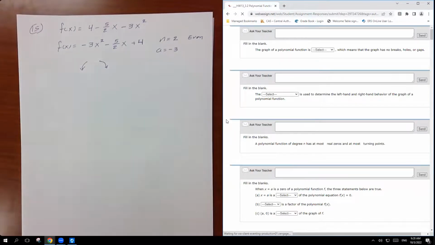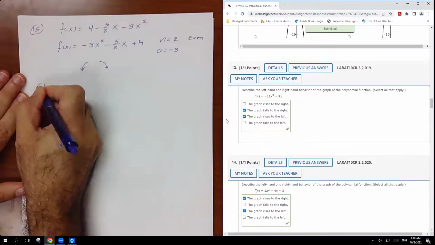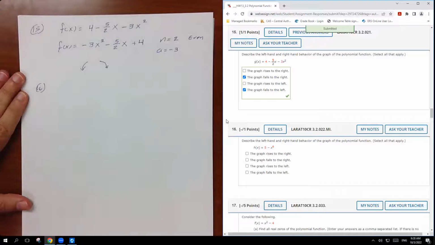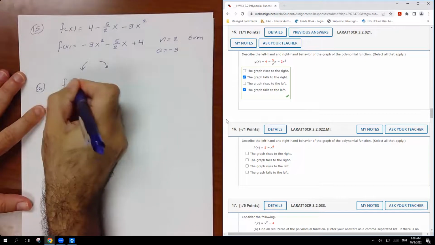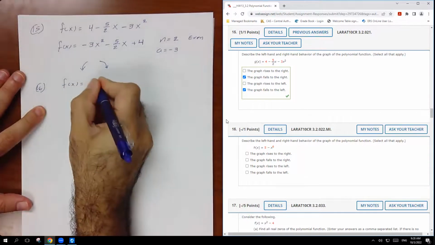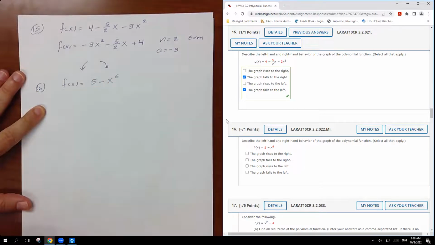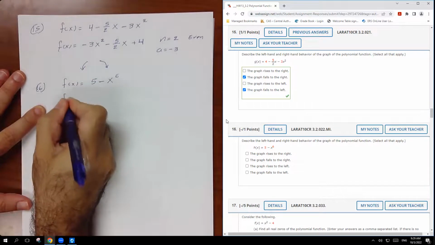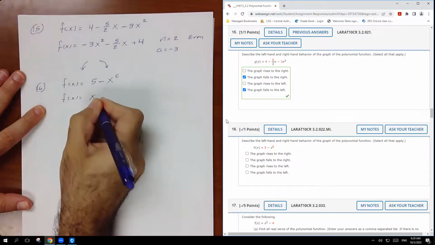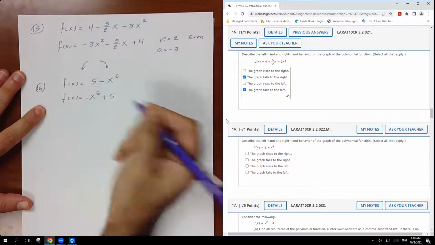And I think the same thing with example 16, because you have to look at the leading coefficient, which is the coefficient with the highest exponent. The same thing with example 16: f of x equals 5 minus x to the power 6. So we're going to do the same thing. I'm going to say f of x equals negative x to the power 6 plus 5.